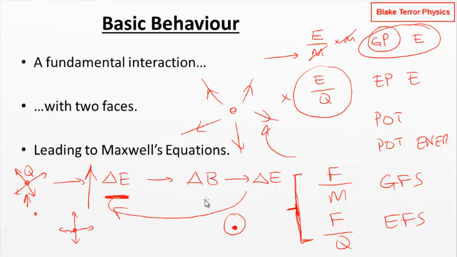Those changing electric fields will then create a magnetic field, and the magnetic field that is created is then described using a dipole, as in it's got two poles, north-south, as we talk about magnets. We've got monopoles for electric charge, as in here's a positive charge, here's a negative charge. It's just a value of charge.